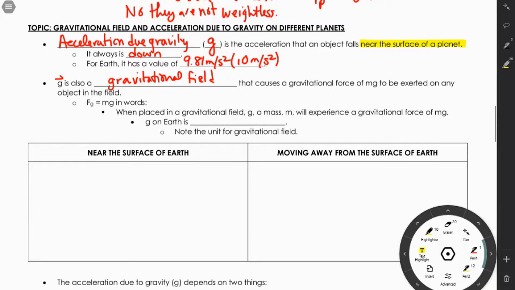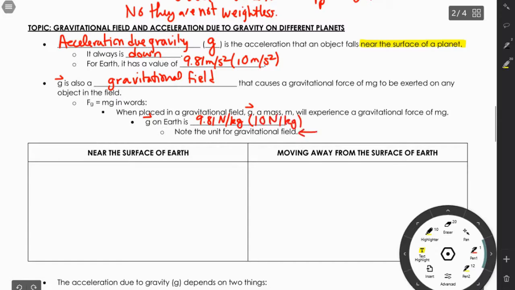In fact, force of gravity, or weight in words, it says when placed in the gravitational field of a value of g, a mass m will experience a gravitational force of m times g, where g, the gravitational field strength on Earth, is 9.81 newtons per kilogram. Or if we use 10, it's 10 newtons per kilogram, right?